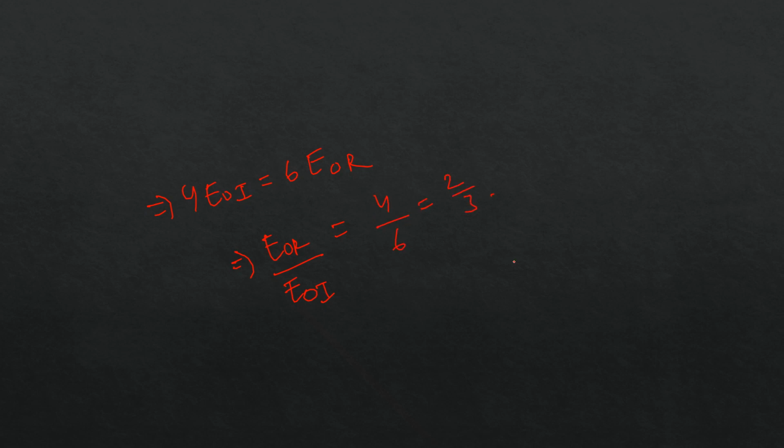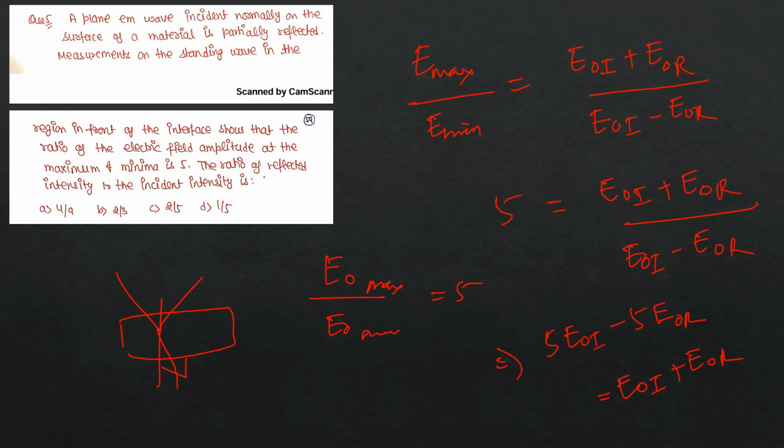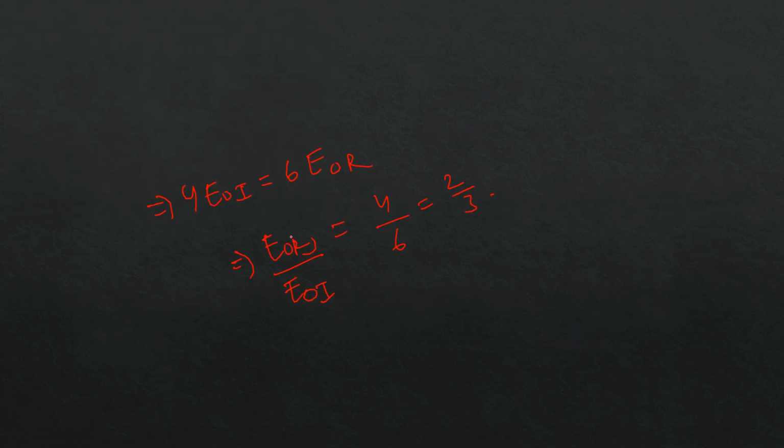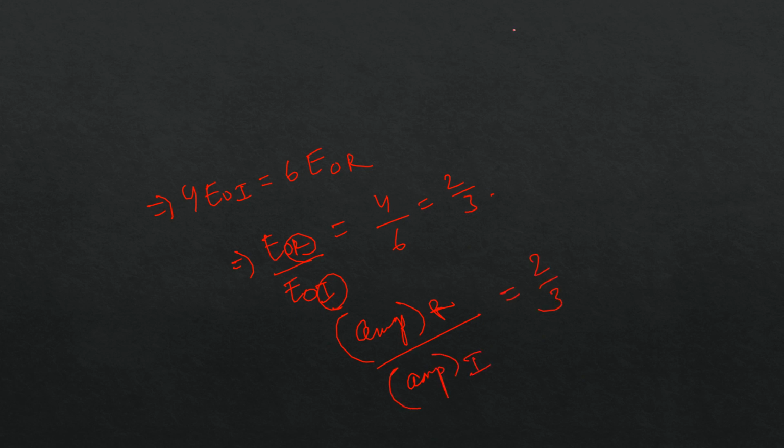What do I ask here? The ratio of reflected to incident intensity. We have the reflected and incident amplitude ratio, which is 2 by 3. But intensity is amplitude square.